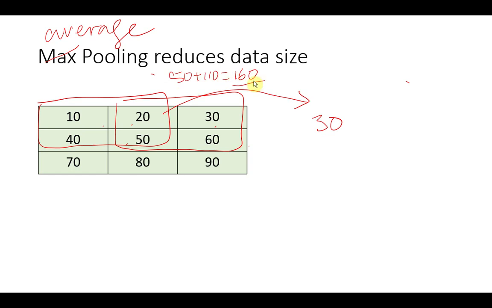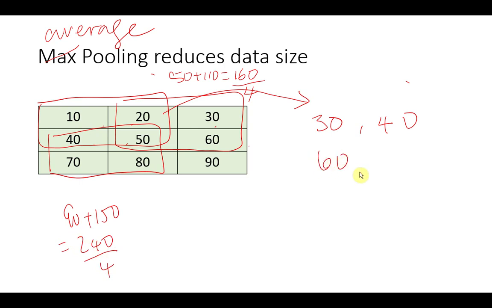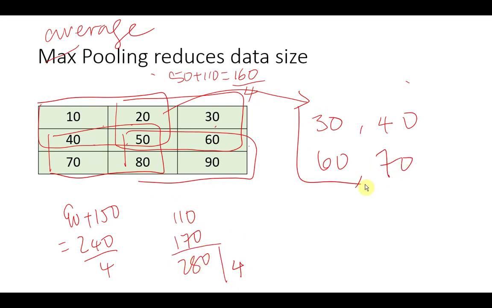That's 160 divided by 4. So that will be 40. And then you will take this set and do 90 plus 150. That's 240 divided by 4, which is 60. And then the next set is 110 plus 170, 280 divided by 4 is 70.